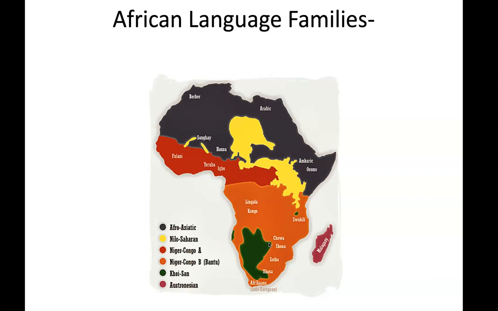That's a similar situation we have here in Africa. This just shows the major language families. But if your language is in one of these language families, then it's easier to learn another language in that same family, right? Just as it is if you know Italian, it's easier to learn Spanish and vice versa.